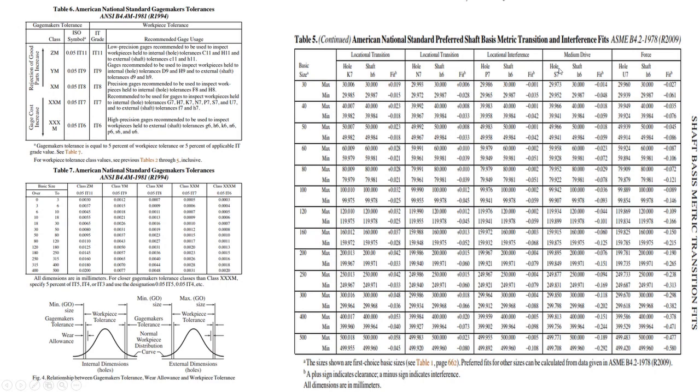And here it's ASME section B4.2, the metric transition and interference fits. All these values are given in mm. So for example, if I say the basic size is 40, then for the hole, if we talk about the locational transition fits, we can denote it with K7, and the value 40.007 is the MMC, and 39.98 is the LMC.